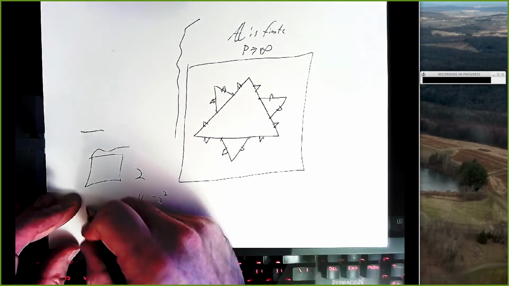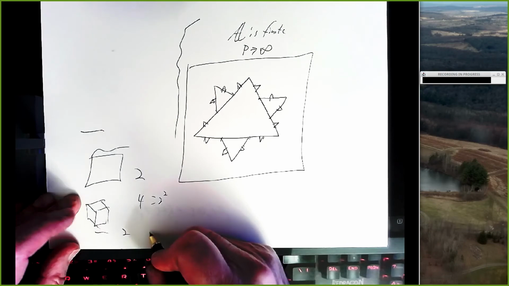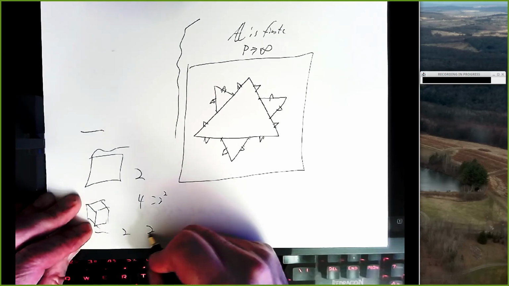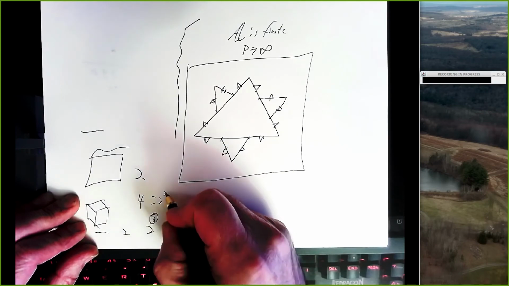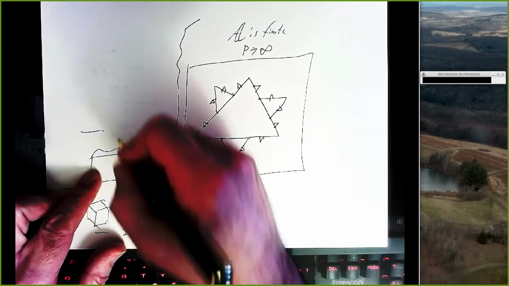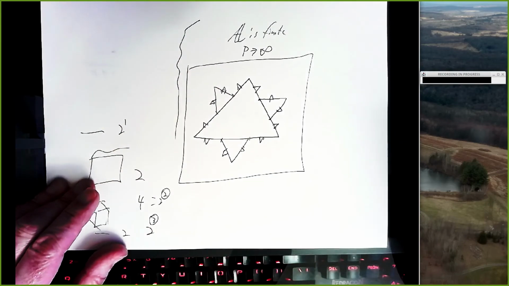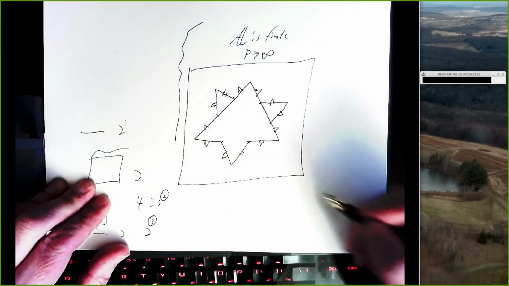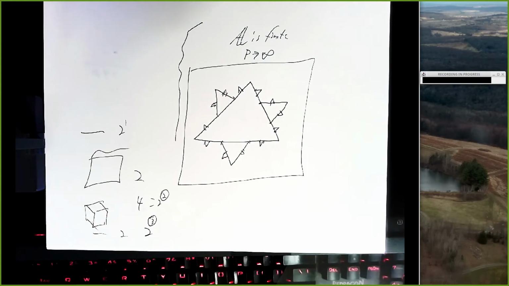If you have a cube and you double the length of an edge, the volume goes up to 8, 2 cubed. This exponent is why this is a 3-dimensional shape, this is a 2-dimensional shape, this is a 1-dimensional shape. With these things, the ratio of perimeter to area is fractional, and so they're called fractals.